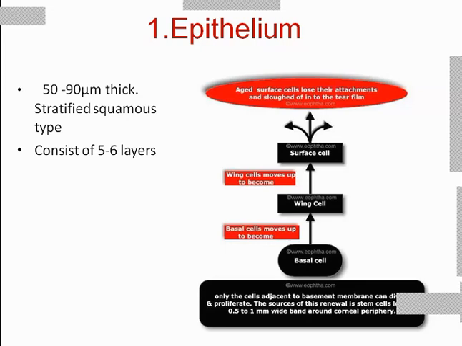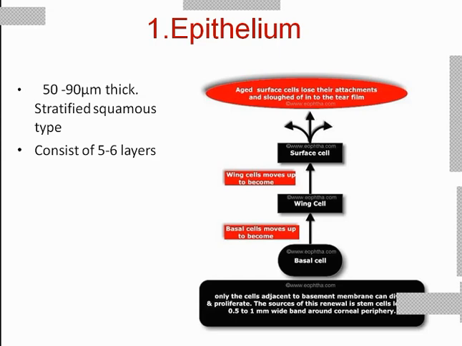Remember this: there are stem cells at the periphery of the cornea, where it is attached to the sclera. It's called the limbus, so these are the limbal stem cells. Limbal stem cells, you have to remember, are deficient in the condition which causes pterygium.